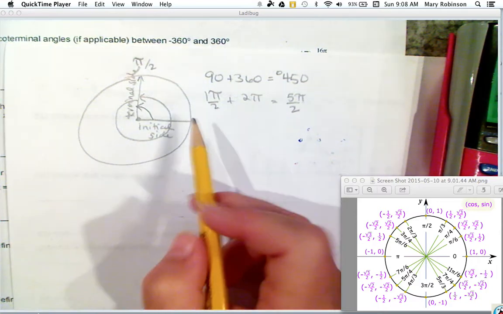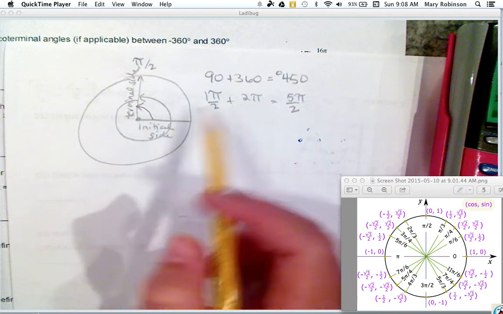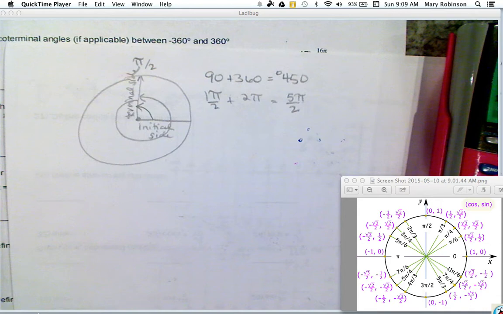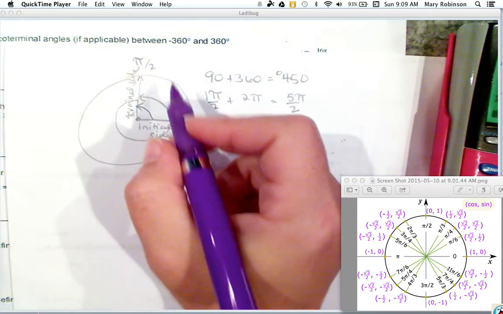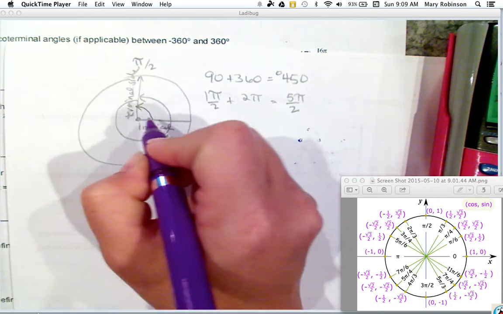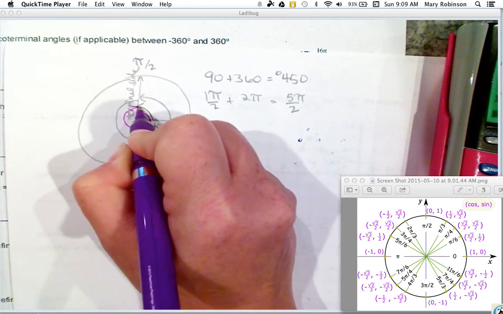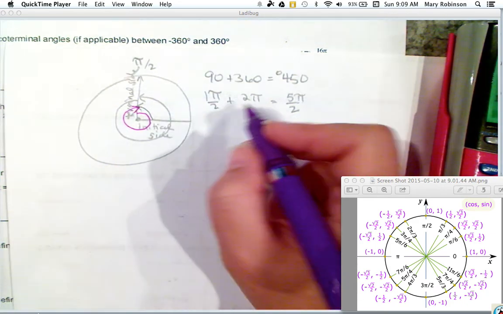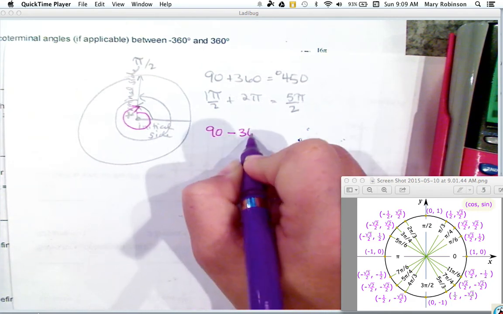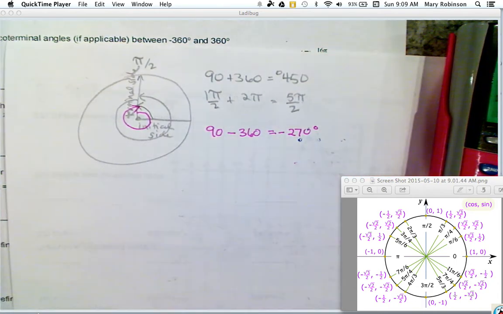So that means that we can find positive coterminal angles by continuing to add 2 pi or 360 degrees going in the counterclockwise direction. But we can also find coterminal angles by subtracting 360 or subtracting 2 pi and going in the opposite direction. So if I take this original 90-degree angle measure, pi over 2, and I subtract 360 instead, I'll do it in degrees first. If I have 90 degrees, I could subtract 360 degrees, and that would give me negative 270 degrees.